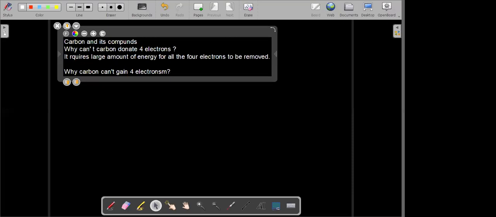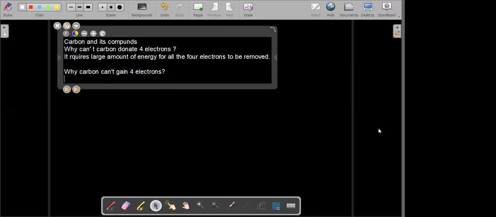Sir, I was not attending the class for the past few days, so I don't know. Okay. Sumuk, why carbon cannot gain 4 electrons? Moksha, why carbon can't gain 4 electrons?